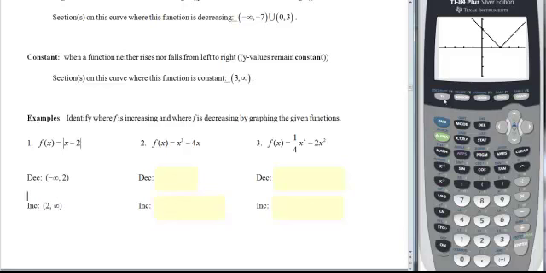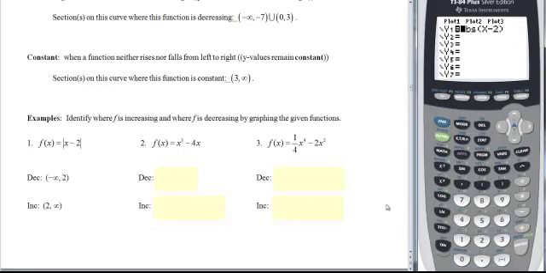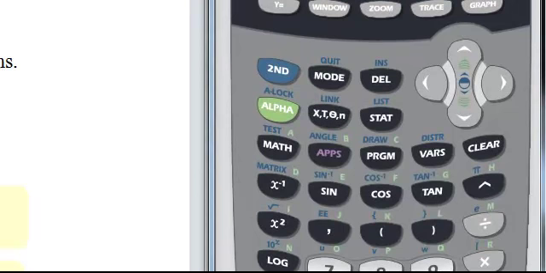I need you to type the next one in and you fill in the blanks. Let me clear this. Zoom 4 works pretty well for this one too. So you indicate where it's decreasing and increasing. Pause me if you need to.